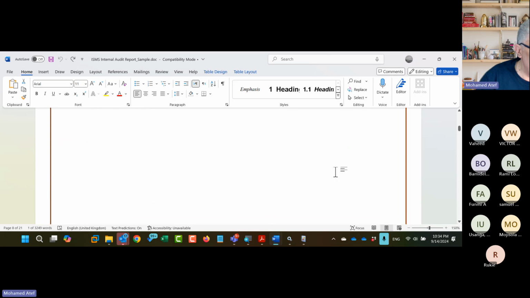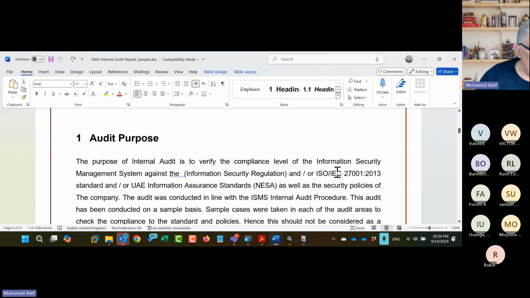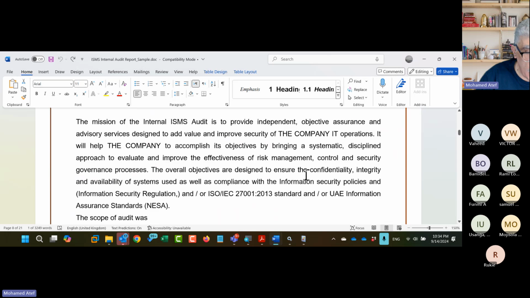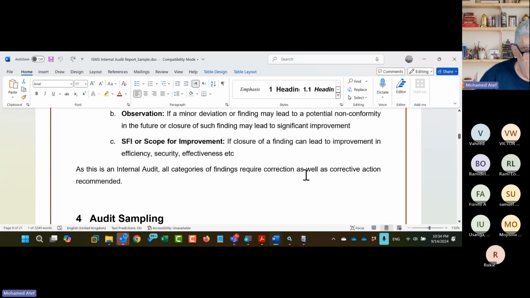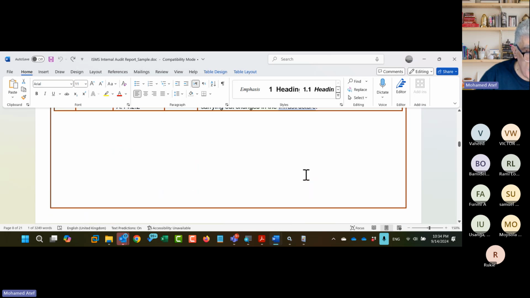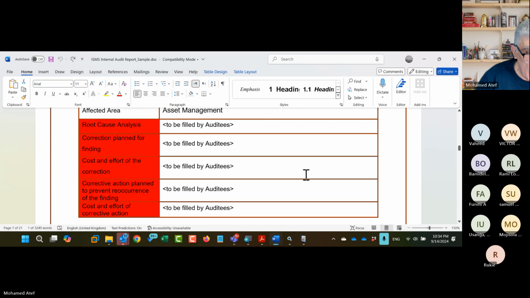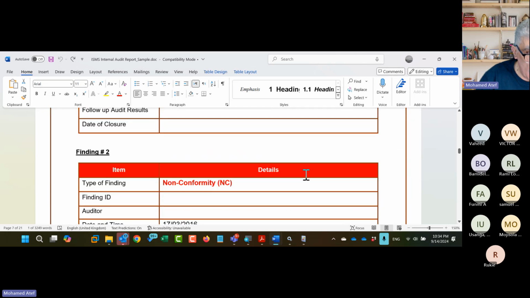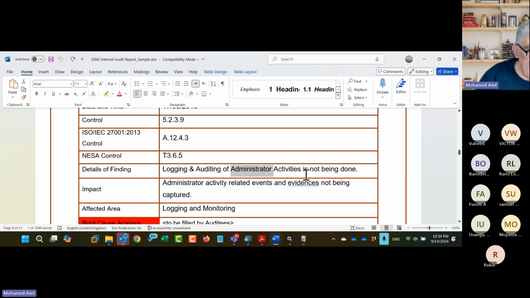At the beginning you should see the purpose of the audit. This is the scope. We are conducting an audit to comply with ISO 27001, NISA, ISR, and so on. So it should be identified at the beginning which standard we are auditing, and you can include more than one standard in the same audit if they have similar controls.